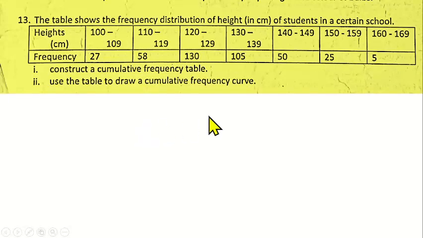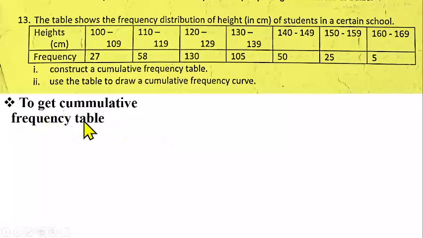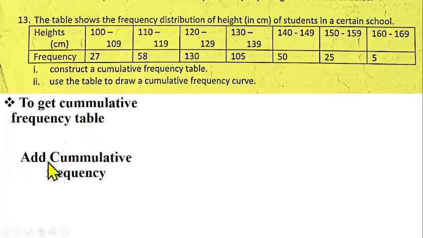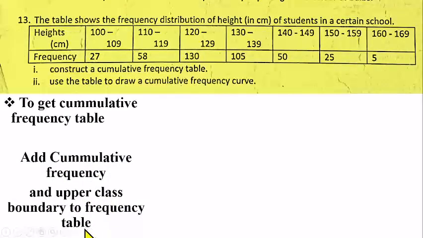We need to add your cumulative frequency, and you need to add upper class boundaries. So to get cumulative frequency table, add cumulative frequency and upper class boundary to the frequency table.